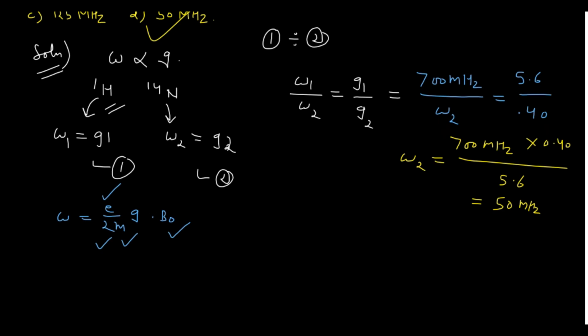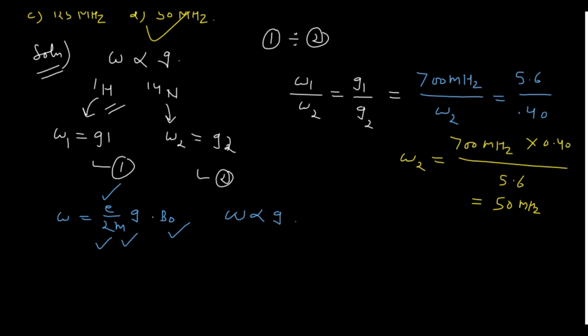It simply says that omega is directly proportional to G. This is how you can write it, or if you want, you can derive the equation on your own also.